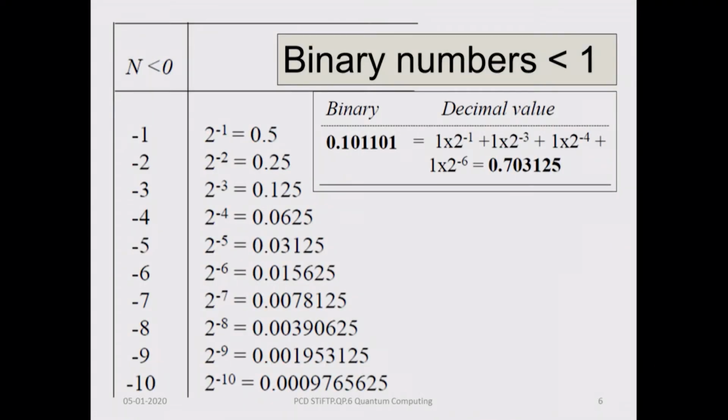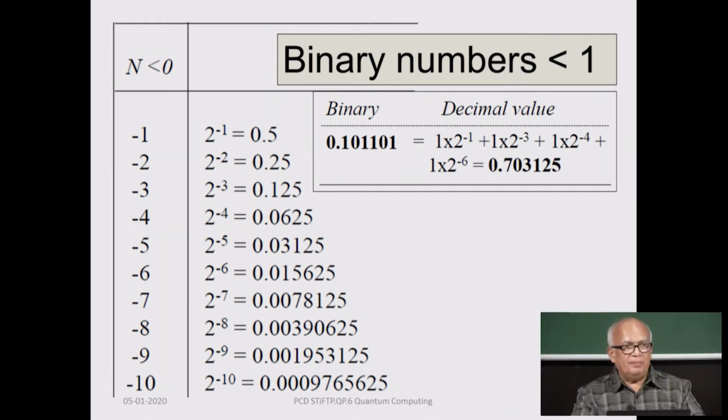You can also write numbers which are smaller than 0, okay? And you can put them in powers of 2, but inverse powers this time, and you can still use this system just the way you use the decimal system.